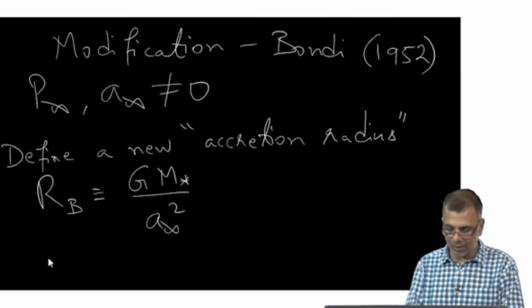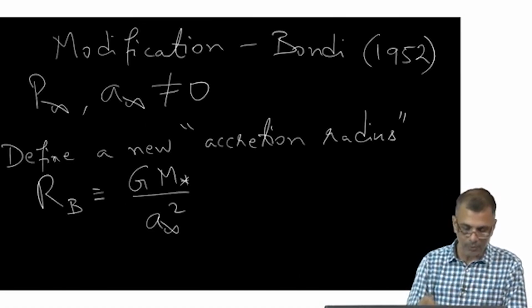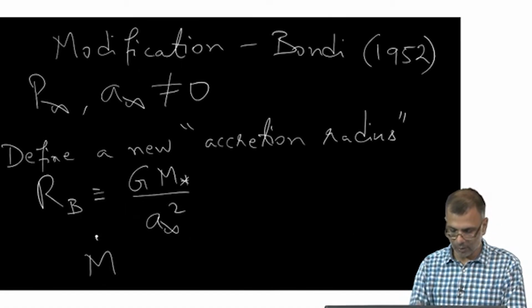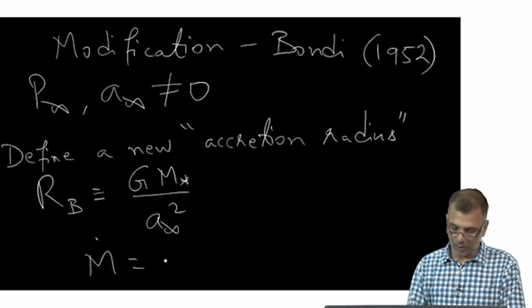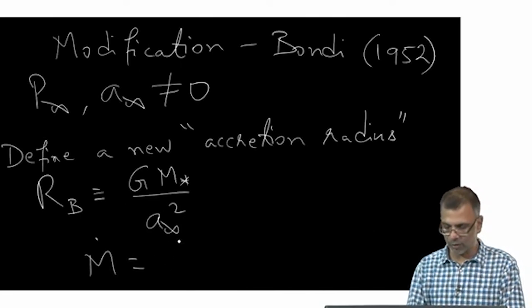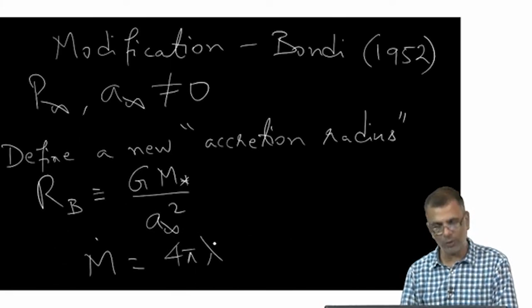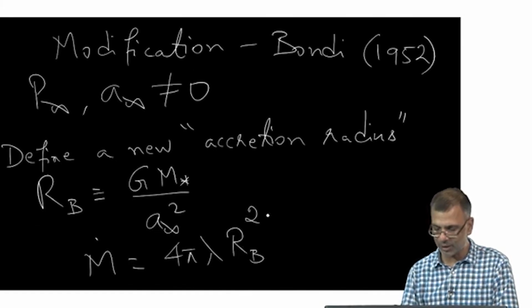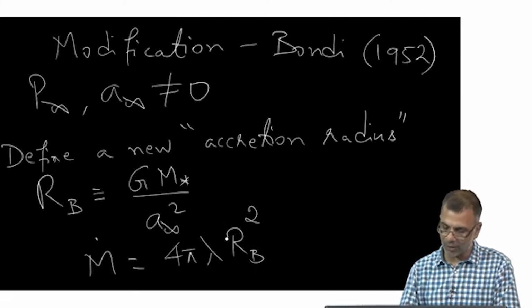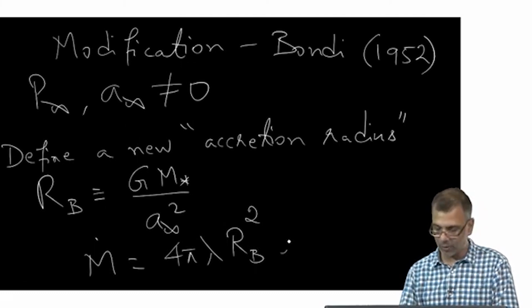There is a reason for this, it will become apparent in a minute, but the immediate upshot is that the accretion rate is now m dot equals a factor, a dimensionless number of order unity, times 4 pi R_B squared rho infinity a infinity. This factor is not so terribly important for the purposes of our discussion. I have just written it down for completeness, but it is essentially the same thing. It is like 4 pi r squared, except now instead of R_A you have R_B squared, rho infinity and a infinity.